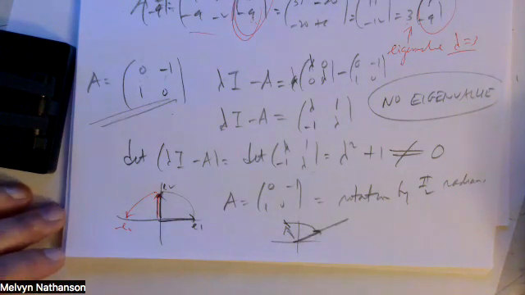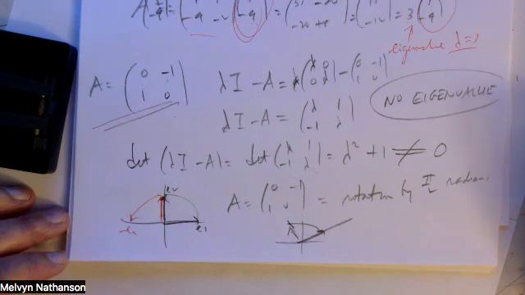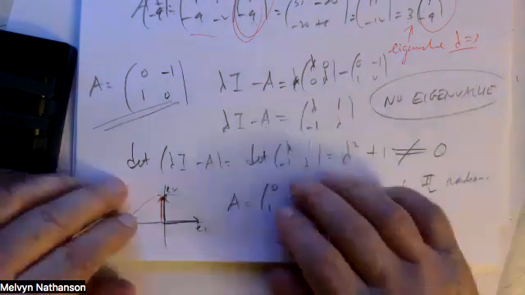So let me just do one more example, because these are kind of fun to do. I'm only doing 2 by 2 matrices because when you deal with 3 by 3 or higher dimensional matrices, it's much more complicated.